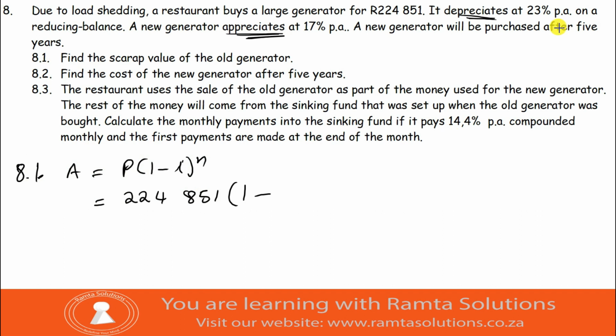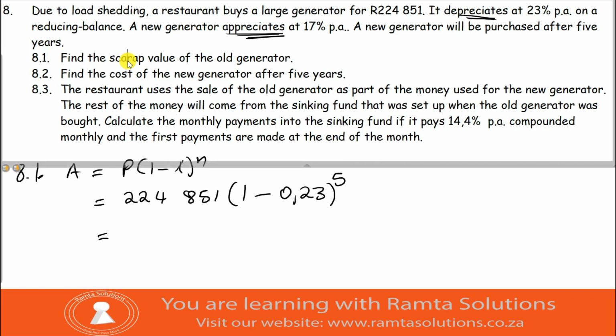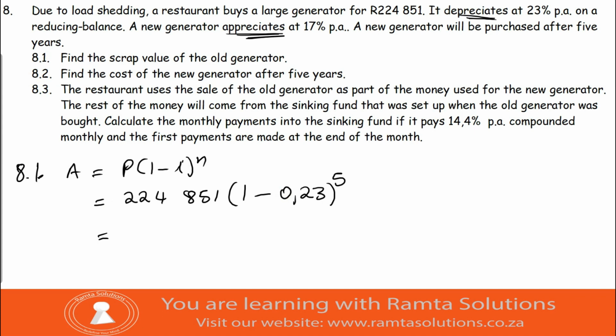The depreciation rate was 23%, so it's 0.23 to the power 5. So let's see what is the scrap value.